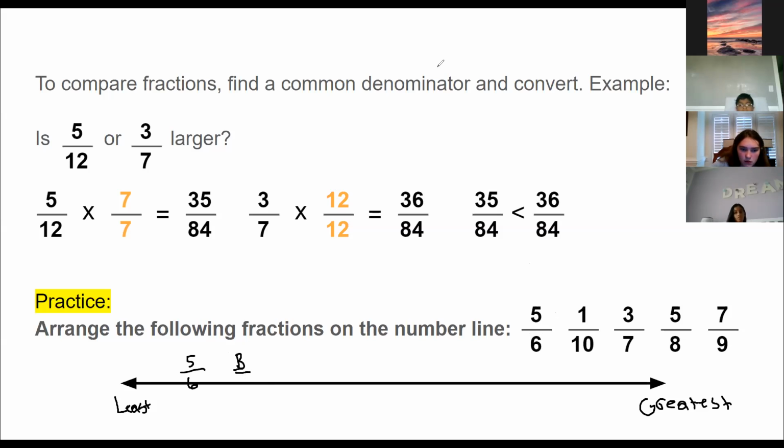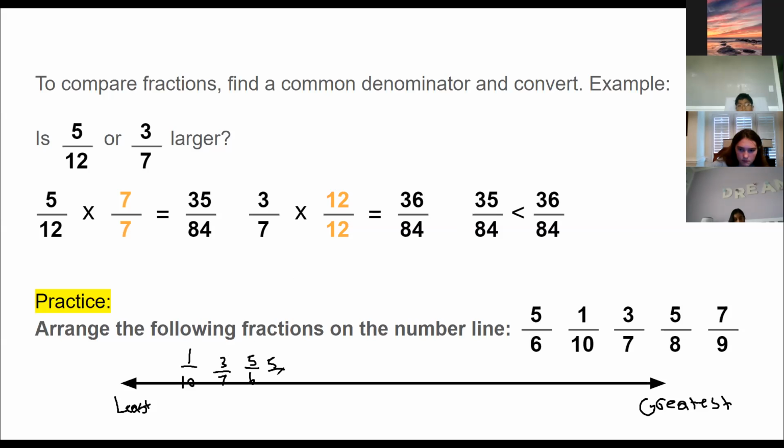Oh yeah, you have to count the numerators. I think it's first 1/10, 3/7, then 5/6, 5/8, and 7/9.